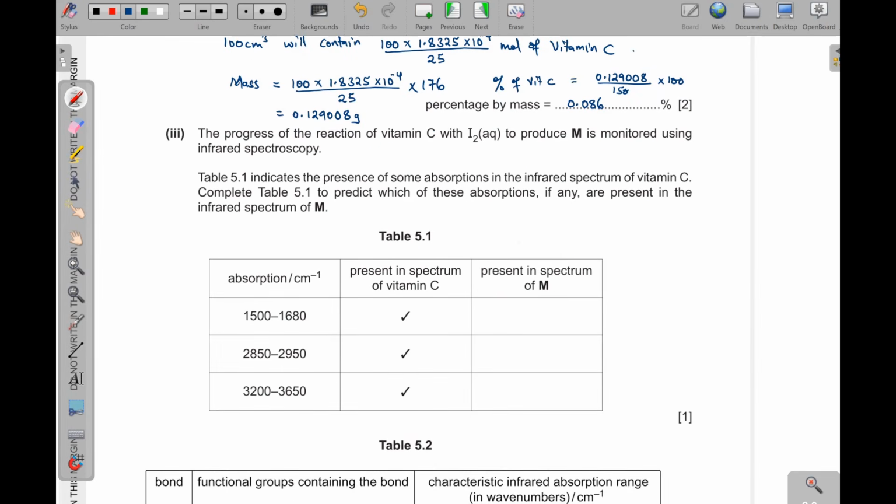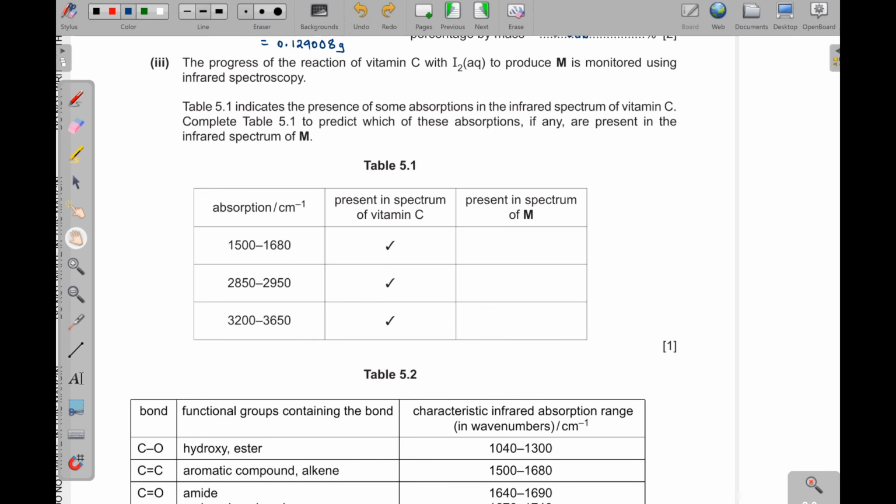Then Roman 2, they are saying the progress of the reaction of vitamin C with iodine to produce M is monitored using the infrared spectroscopy. Here we are looking at the absorptions at given ranges, of course, to tell us which functional groups are present.